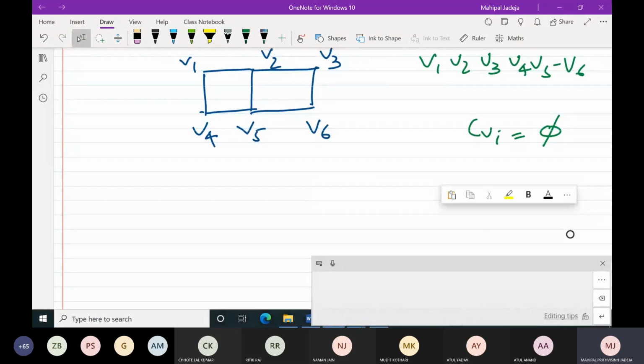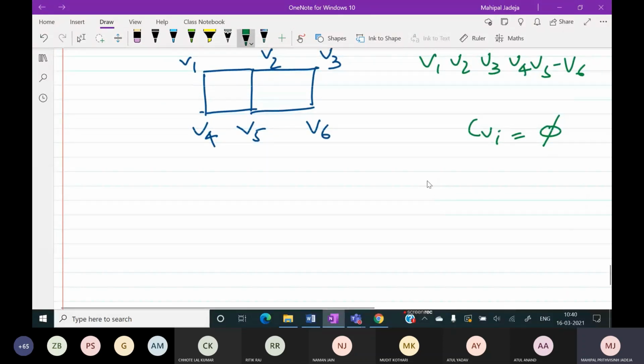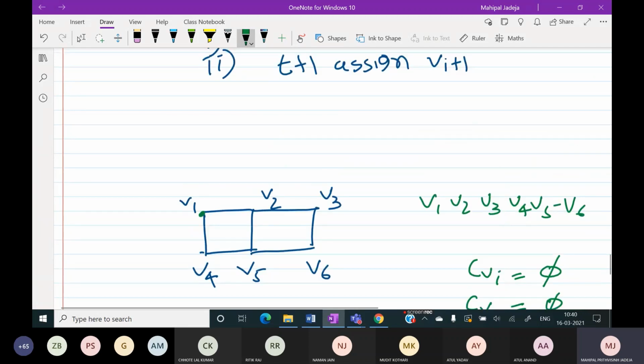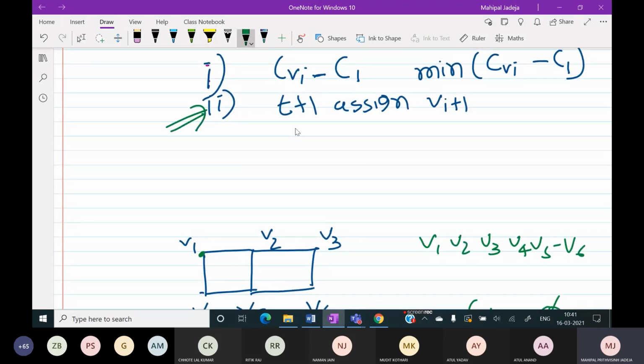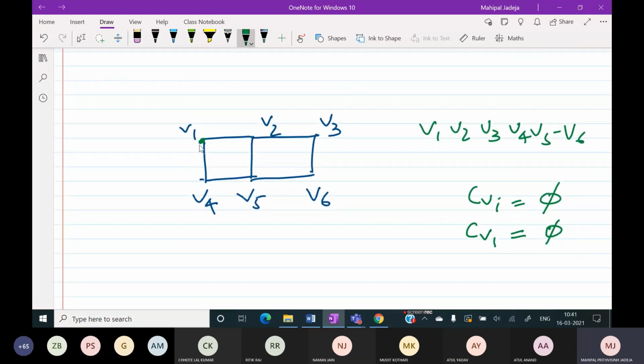CV1 is also empty, because we are starting with V1 and we don't know the colors of V2 and V4. So both sets are empty, and we go with the second step where the value of T is 0. So 0 plus 1 is 1, and we assign color 1 to the very first vertex, V1. We are done with iteration number 1.